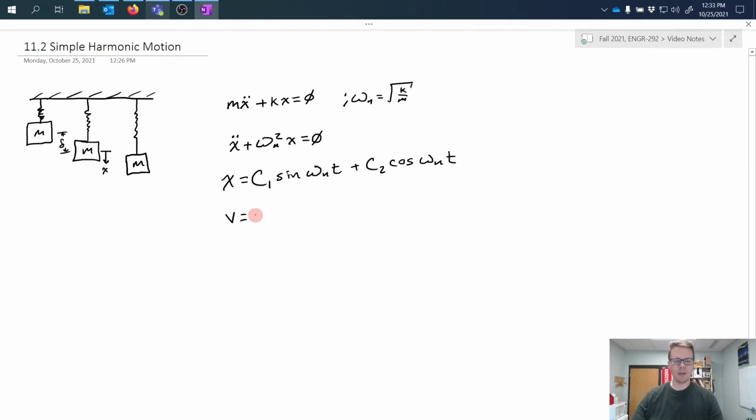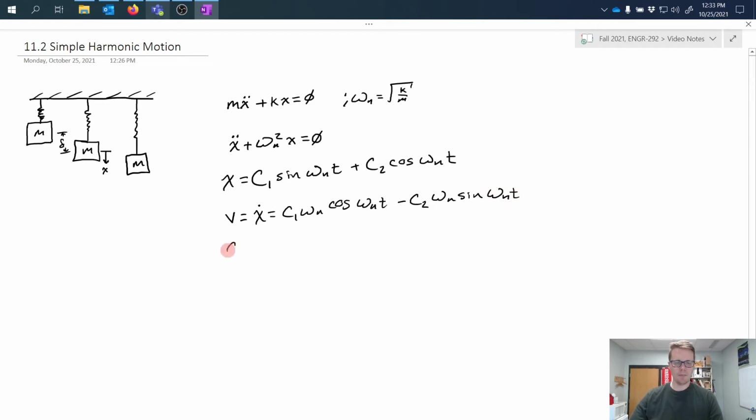First, if I take the first time derivative of this equation x, I would end up with c1 omega n cosine omega n t minus c2 omega n sine omega n t.